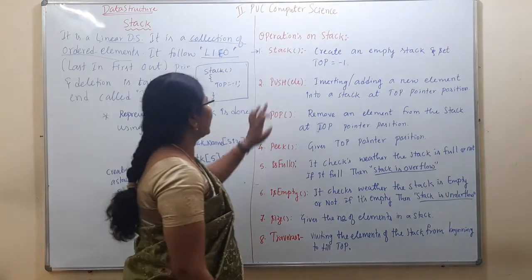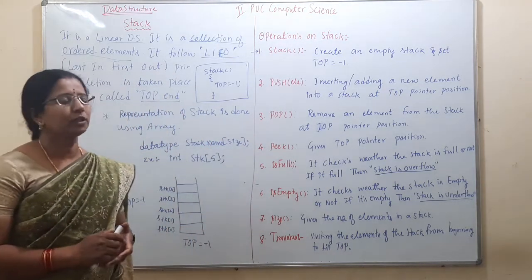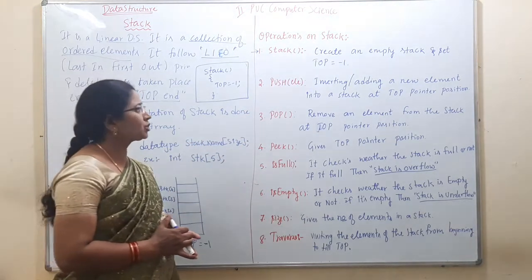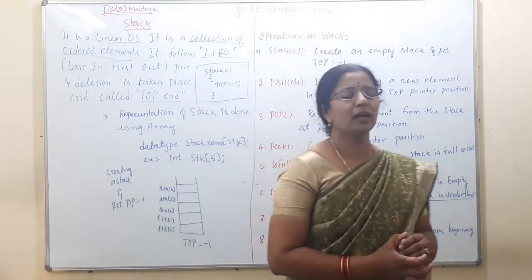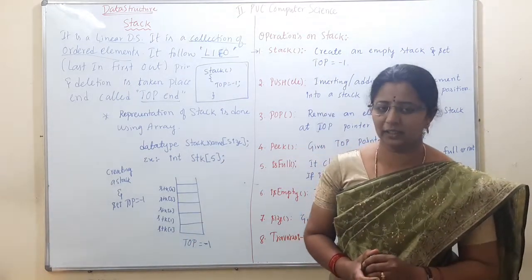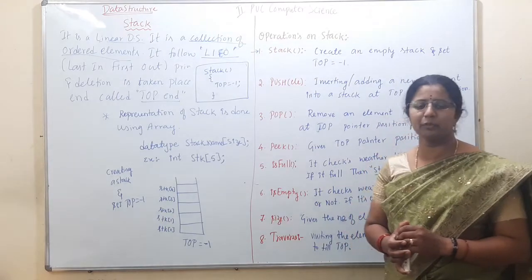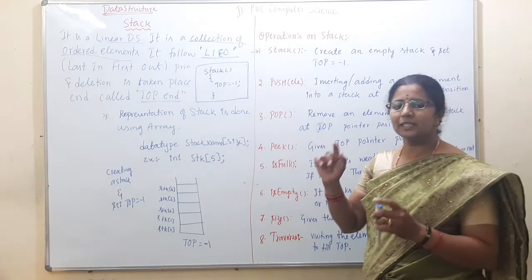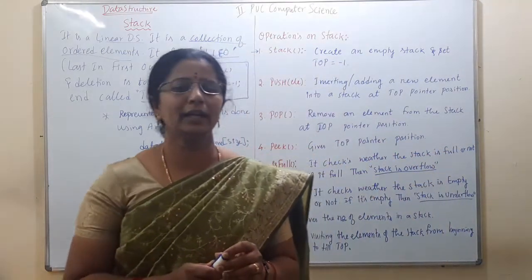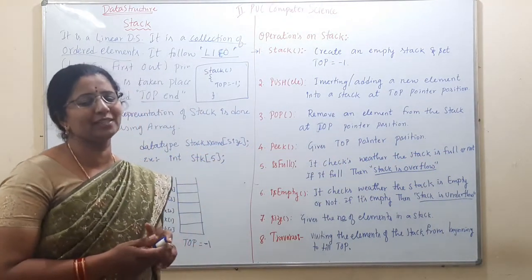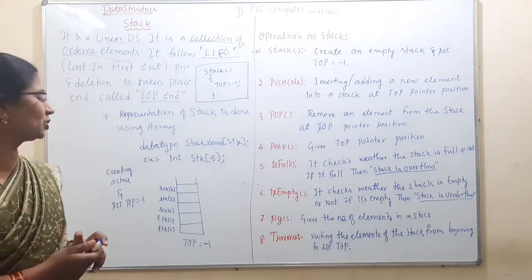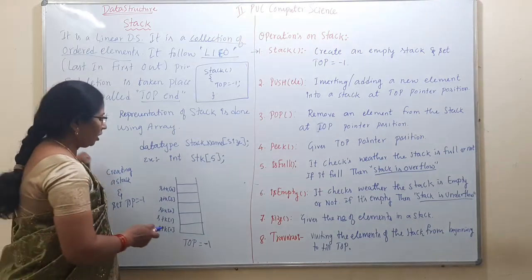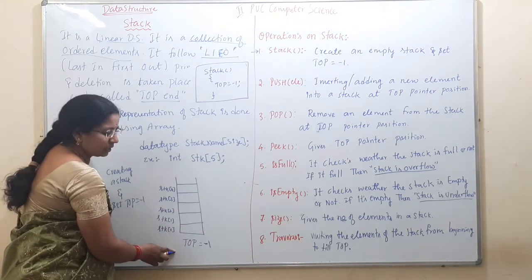Then the second operation, push. Push and pop need to be written in capital letters. Push means inserting or adding a new element into the existing stack at the top pointer position. Is it possible to insert an element at -1?